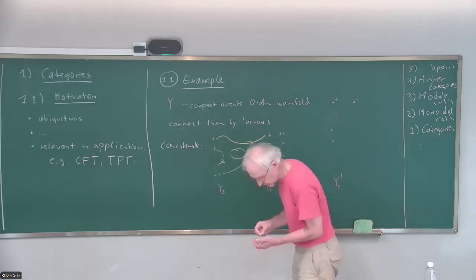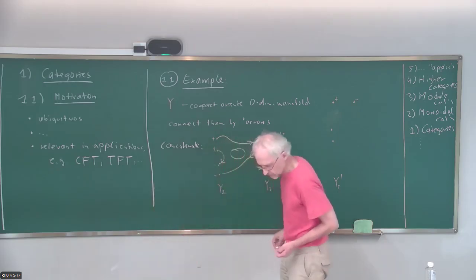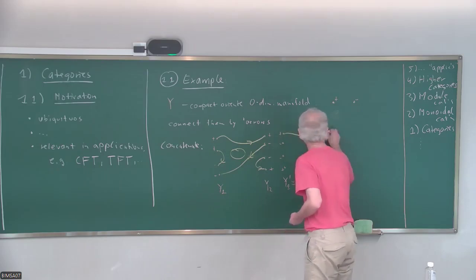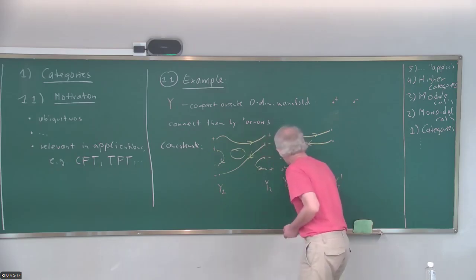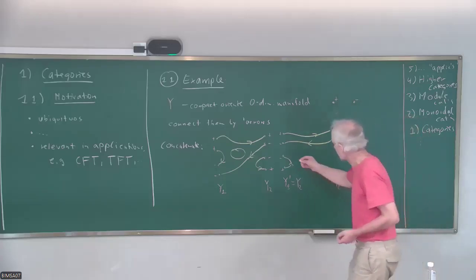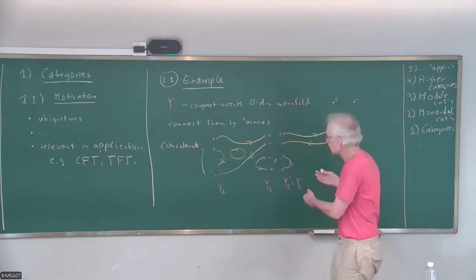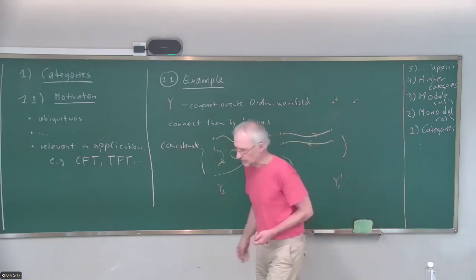Oriented. Well, I don't write the orientations anymore because they follow from the rules that I have given to you. And assume here you have this configuration. And then there's only one possibility here. And now you can say you take the pair of these two configurations and you map it to what you get by connecting these points.